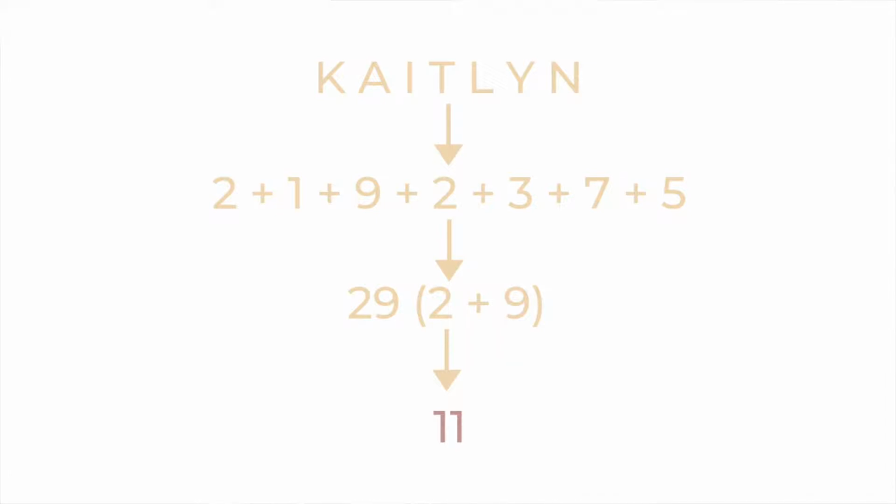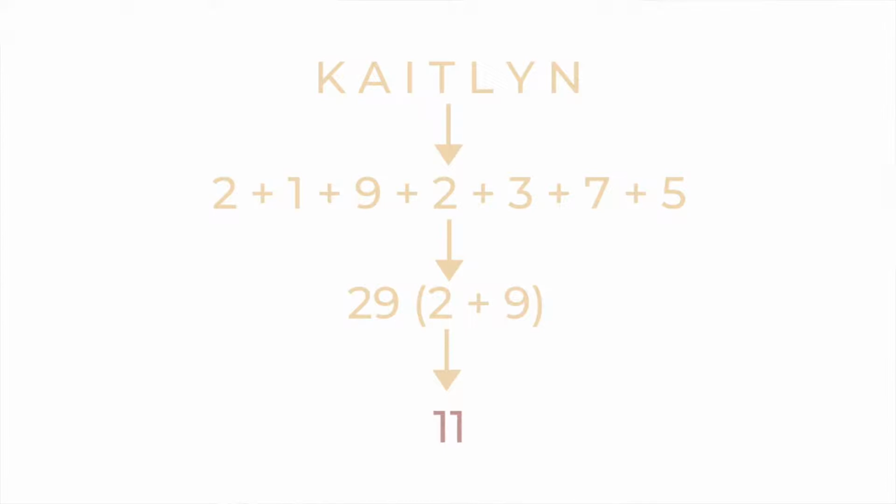That adds up to 29. 29 is not a master number, and it is 2 digits, which means we have to add together again. So we add 2 plus 9 and we get 11. 11 is a master number, so we do not reduce again. So my growth number is the 11.